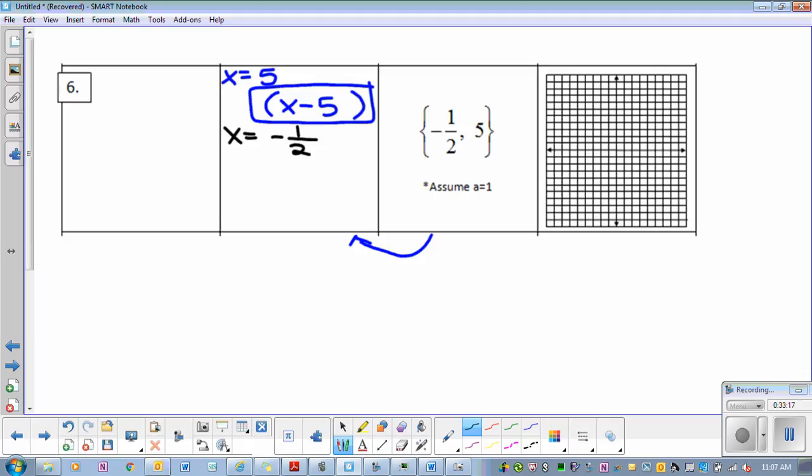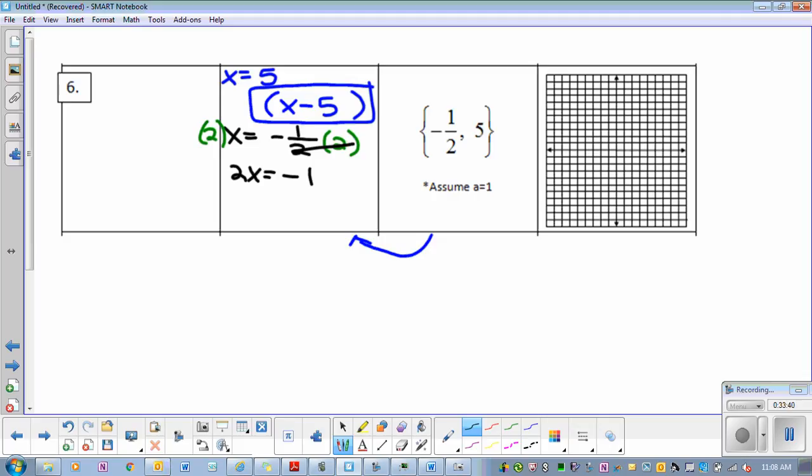Reciprocal? Well, you know what? I'm going to even cut it back to even more basic. Get rid of this denominator. How do you get rid of that 2? Multiply by 2. So then we have 2x equals negative 1. Now what?